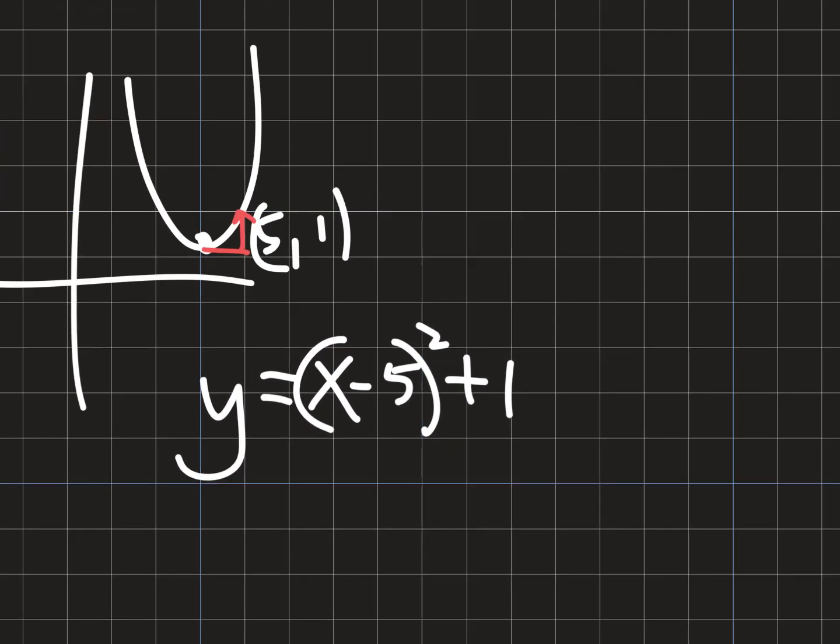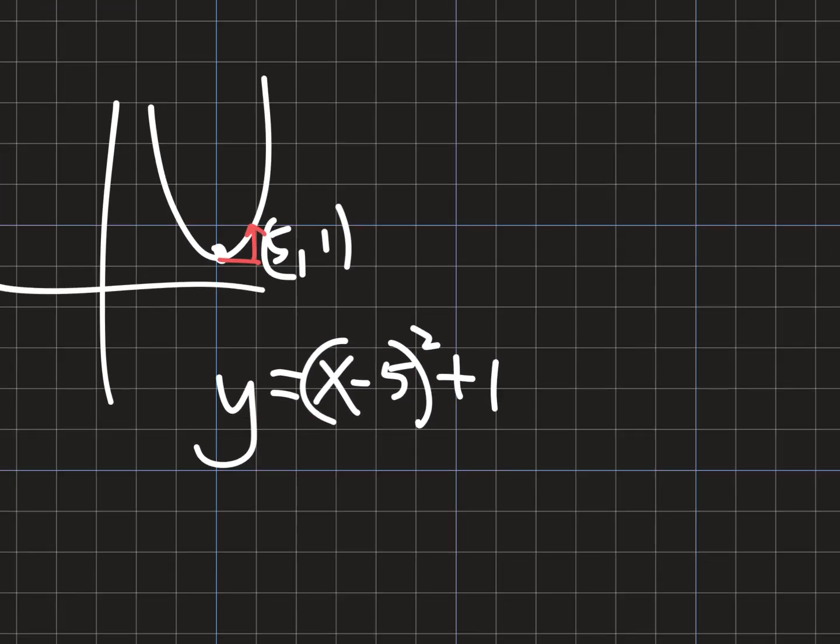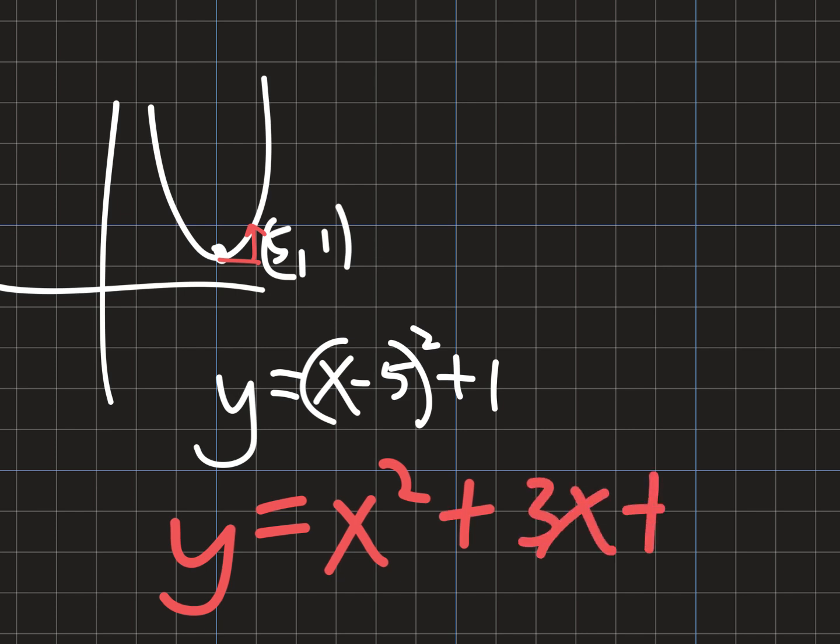Now, here's the way harder, but really not when you figure out what the question is. Can you tell me the equation in this form? It's called standard form. What's the equation that's in standard form for this?